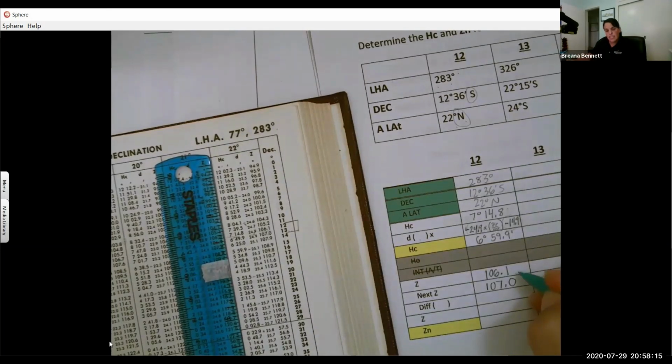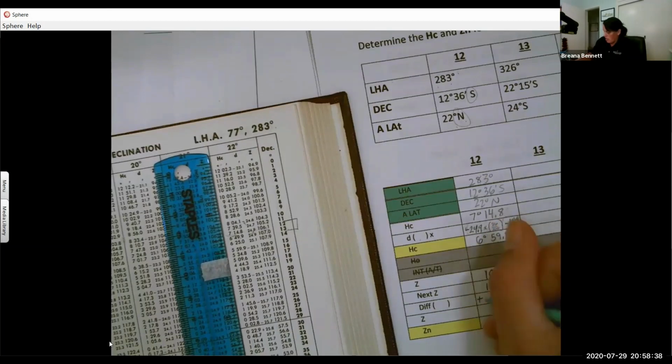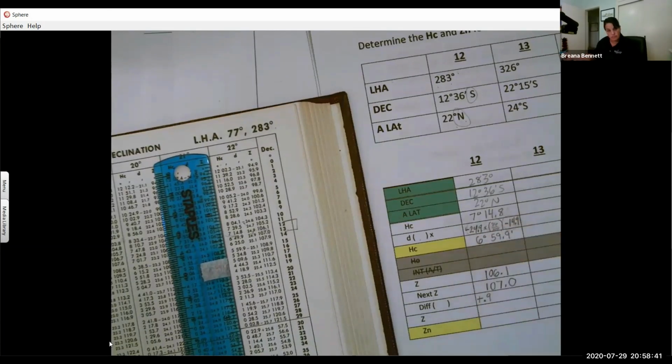So now we're going to do the same kind of thing for our azimuth, but they didn't give us the d, so we have to calculate that ourselves. So at 12, it was 106.1, and then at 13, it was 107. So the difference between that was an increase of 0.9. So they didn't give us that, but we can see that. We increased 0.9 degrees. Now I'm in between the 12 and the 13, right? This was at 12 and this was at 13.